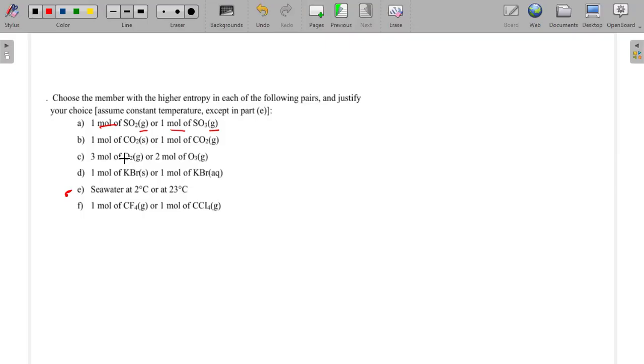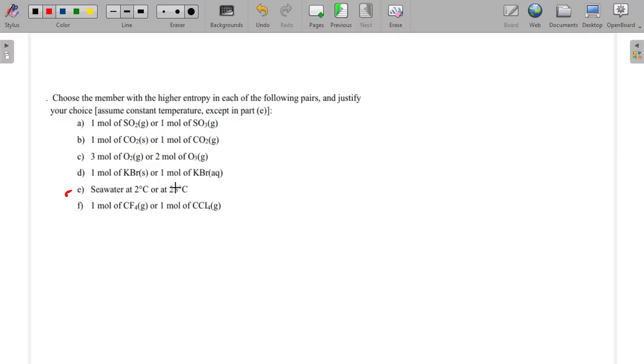This sulfur oxide with a 3 is bigger than this. If you calculate the molar mass for the SO2, you notice that it's smaller compared to the molar mass of SO3. So now, what does that mean in terms of entropy?